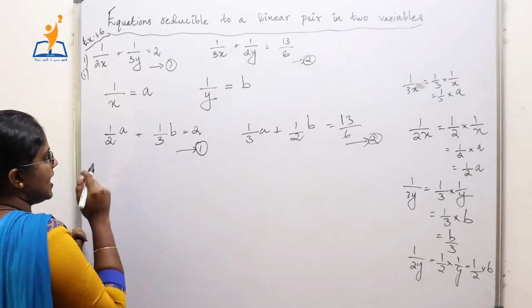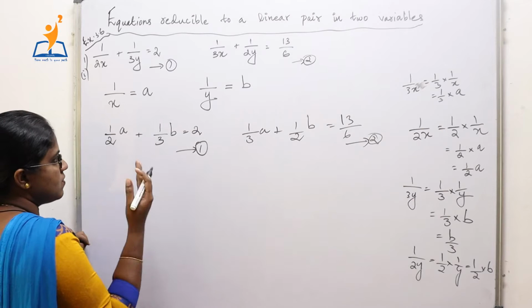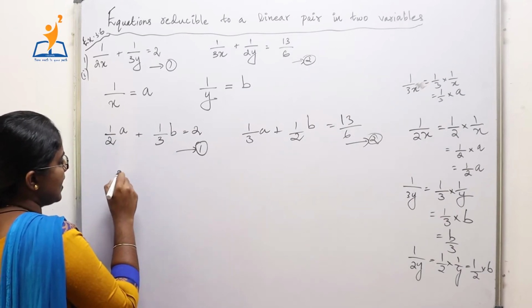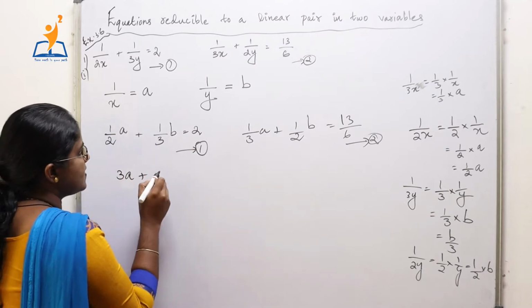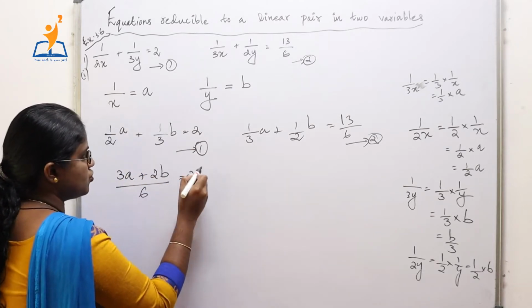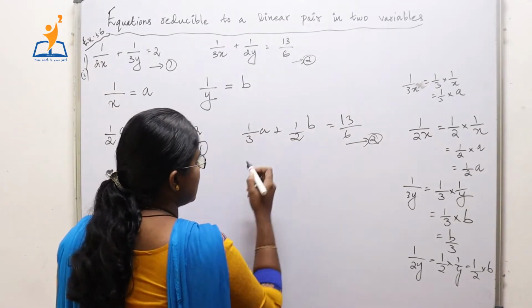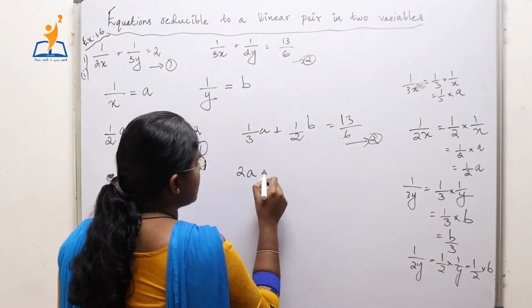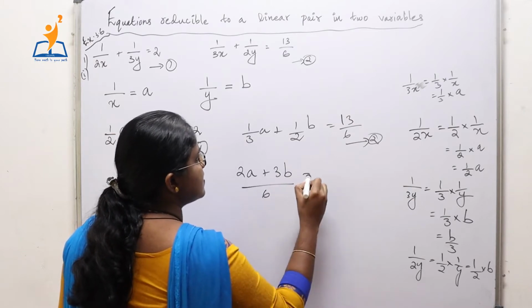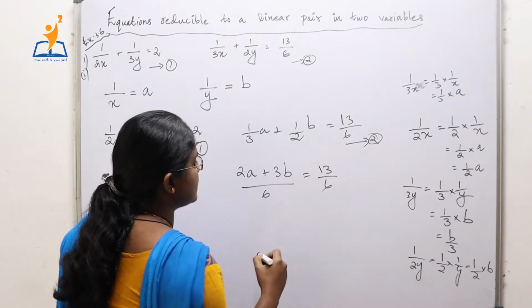So let's take the LCM and convert these fractions into a different form. The LCM of this side is 6. So we can write 3a plus 2b divided by 6 is equal to 2. Here also the LCM is 6. So 2a plus 3b by 6 is equal to 13 by 6.